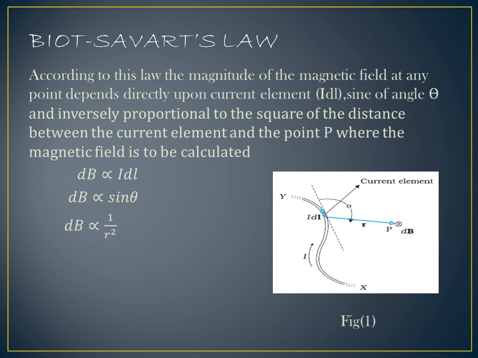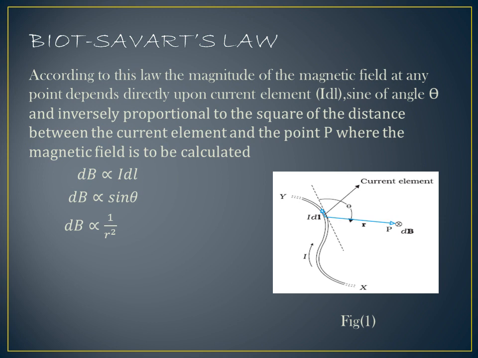Now from figure 1, let us consider a wire conductor XY in which the current I is flowing in this direction. Along this path of the wire, let us consider a small element dl, and since the current I is flowing in this path, this element dl is known as the current element, which is represented by I dl.